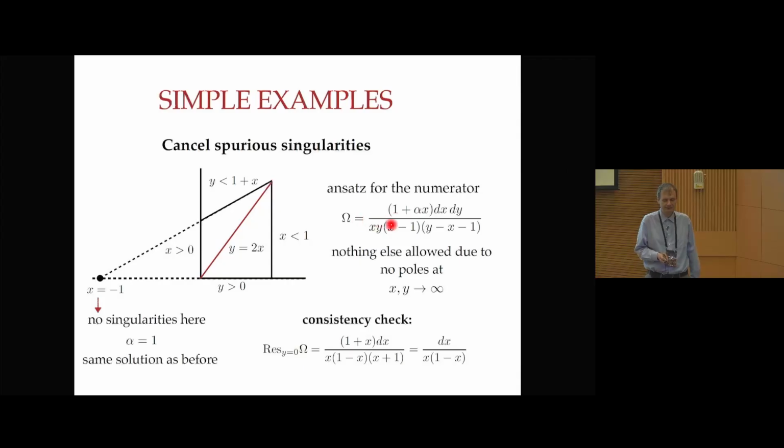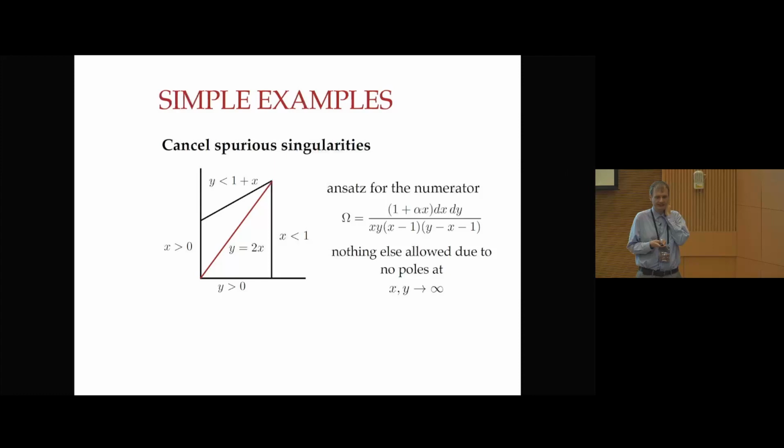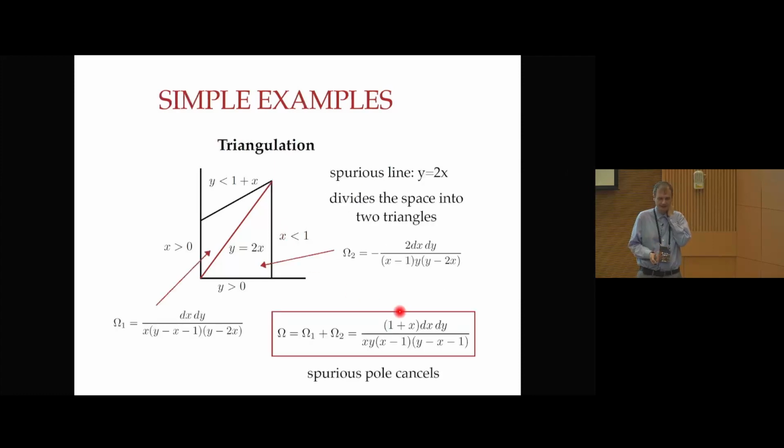And the form generates a singularity at these 4 vertices corresponding to adjacent pairs of these lines, but also generates a singularity over here, which is an intersection of this boundary and this boundary. This is y equals 0 and y equals 1 plus x. So if you send to 0 this y and this bracket, you would generate a singularity. But this is a spurious boundary, because this is not a vertex of our positive geometry, it's outside. So the numerator must cancel it, and you can actually use it as a condition to fix the numerator. Now, in the previous way, if we did the triangulation, it came automatically in the numerator.